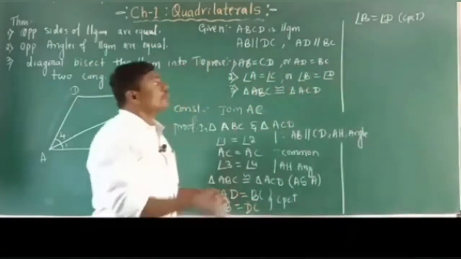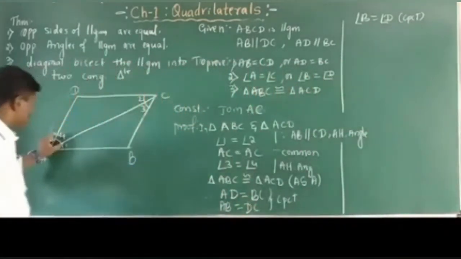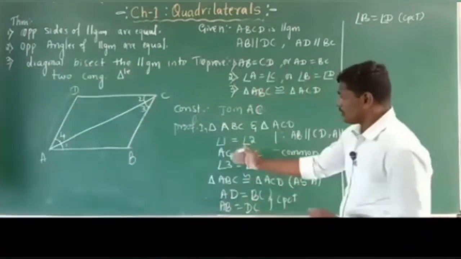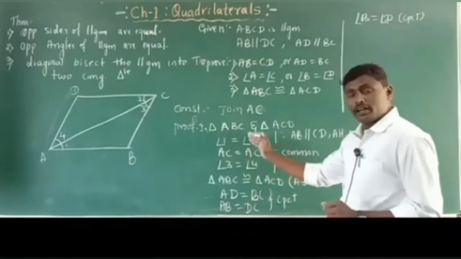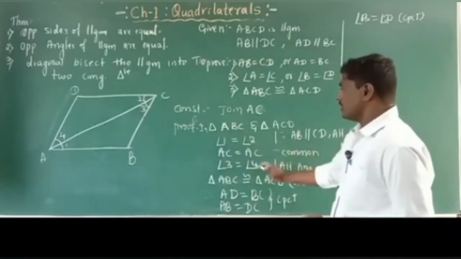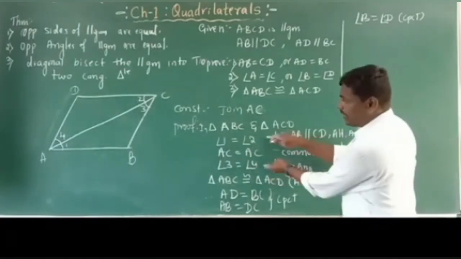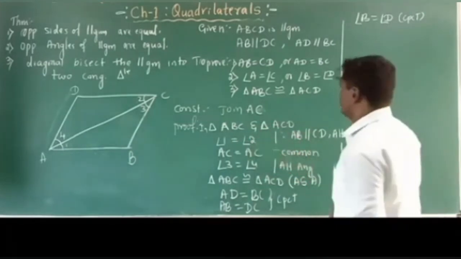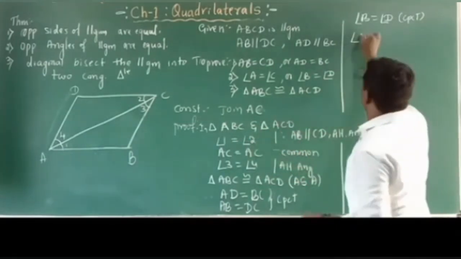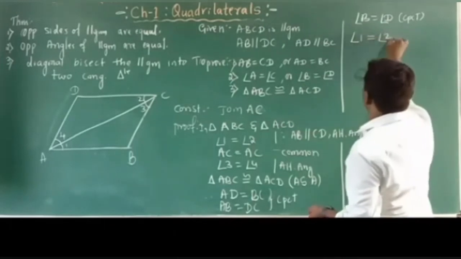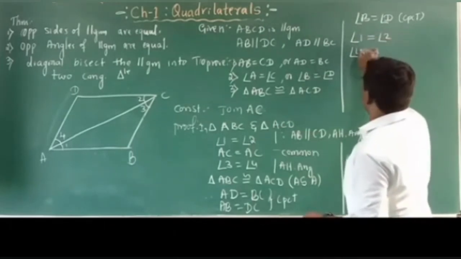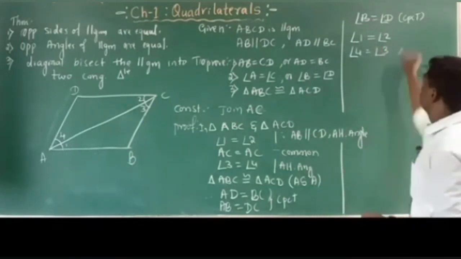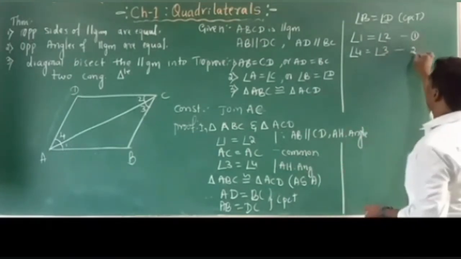We need to prove one more pair, by considering the two angles we already took in the first section, while proving the two triangles congruent. Similarly, consider that: angle 1 is equal to angle 2, and angle 4 is equal to angle 3. These are considered as equation 1 and equation 2.